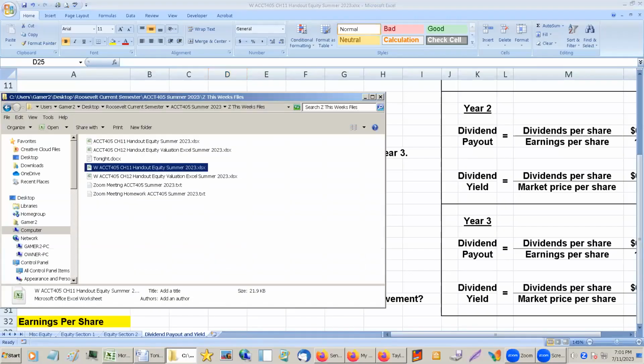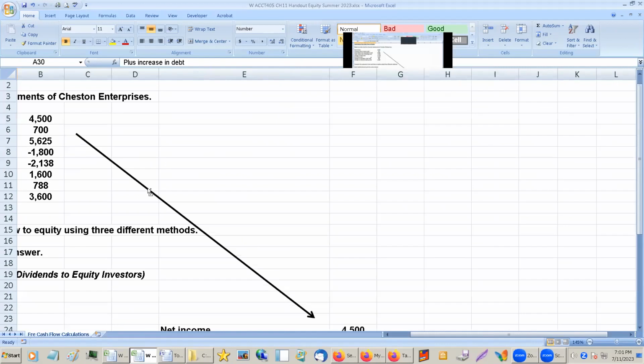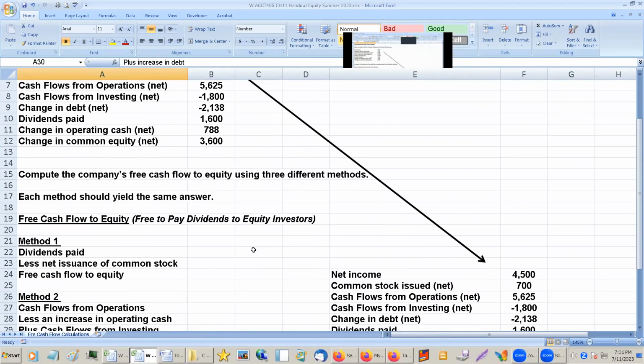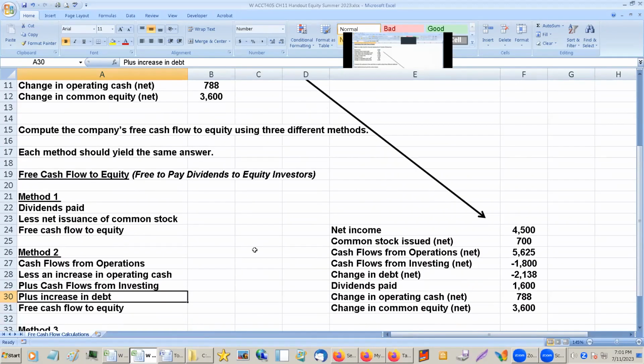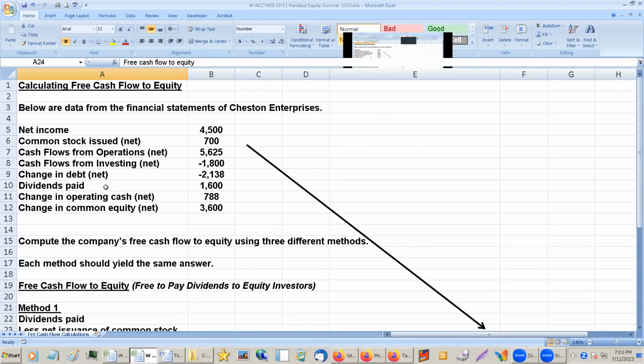All right. Chapter 12 is about the idea of how you find the free cash flow.